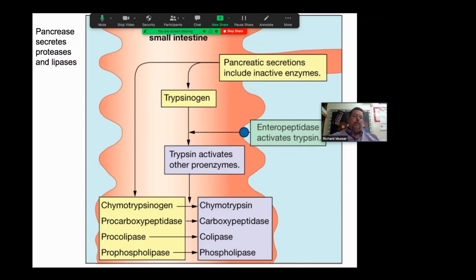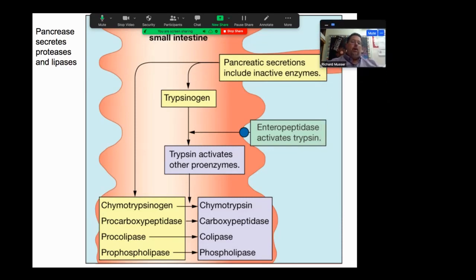Now, this is also true that the brush border cells will also be releasing some proenzymes as well, but they also have enzymes on their surface called enteropeptidases that can activate the proenzyme trypsinogen. Trypsinogen is the precursor to trypsin.